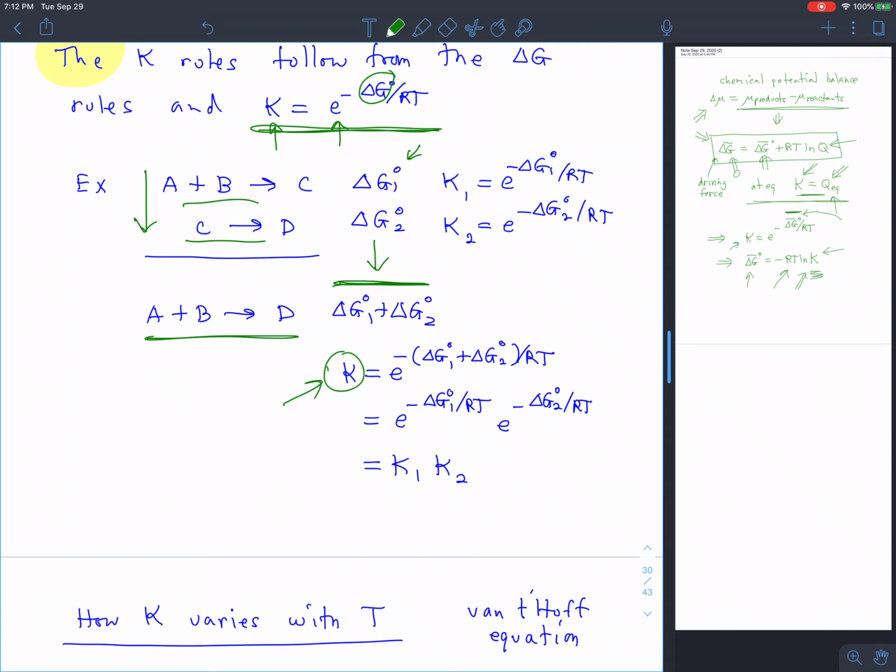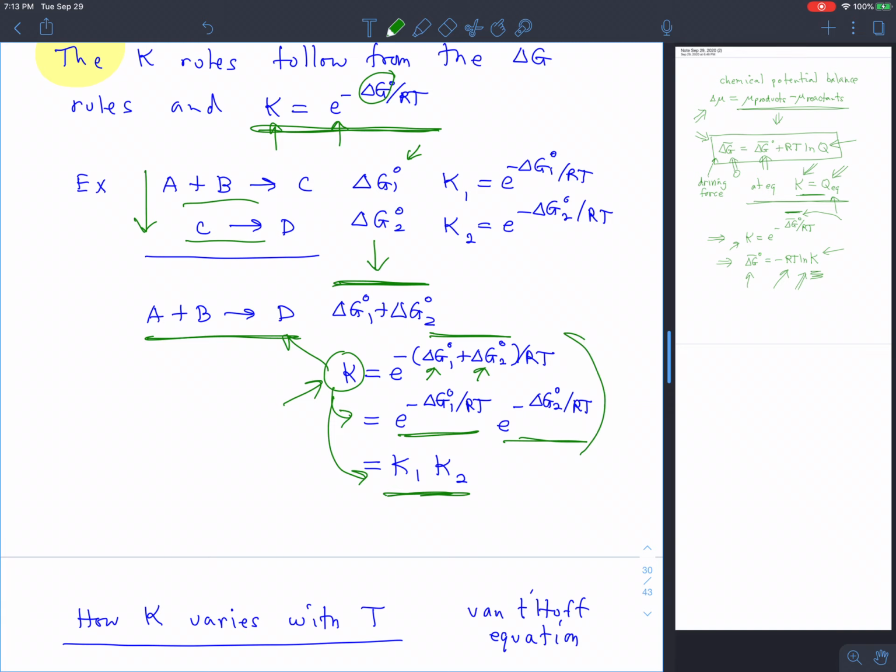The equilibrium constant for this overall reaction should then be E to the delta G for the overall reaction, which is delta G1 plus delta G2. Now using the properties of exponentials, that just factors, and you end up getting the rule for equilibrium constants when you add two reactions, namely multiplying the two equilibrium constants.